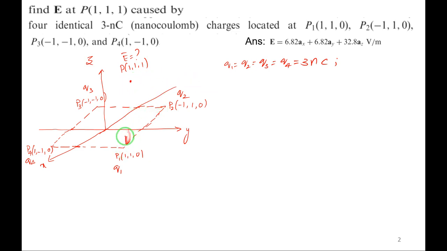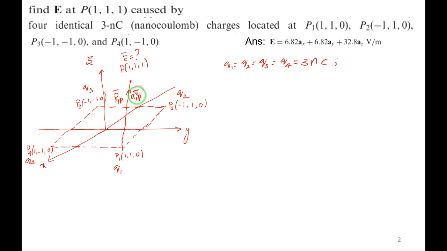Okay, let me make use of notation so that it will be very easy for me. From point P1, I will join here to this point P. This vector I will call R1P, from 1 to P. Use suitable notations as per your convenience.